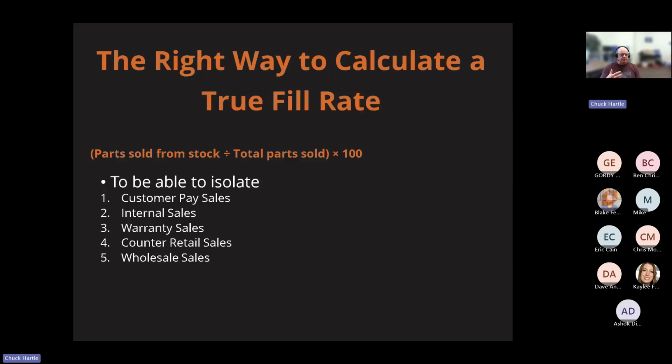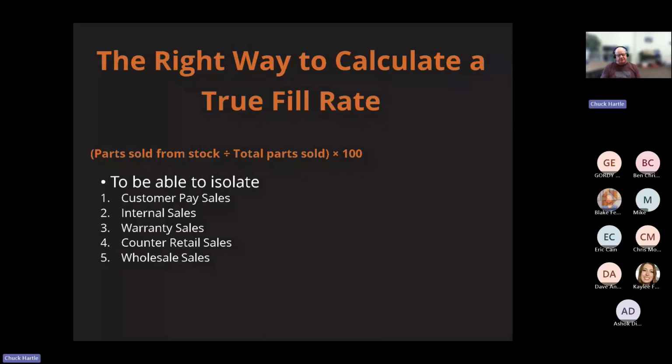This is what I really try to point out when it comes to calculating a true fill rate. As we've looked at it and been able to isolate it to a degree, I figured DMS vendors at some point, with technology and breakouts and sales the way they are, and the data that's available, would drill into this.